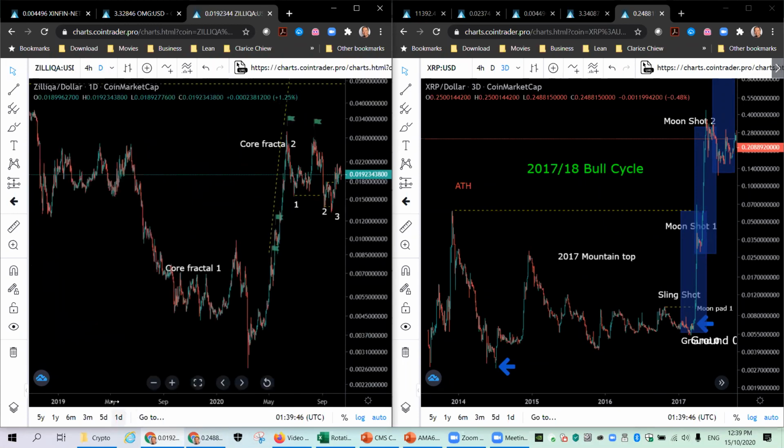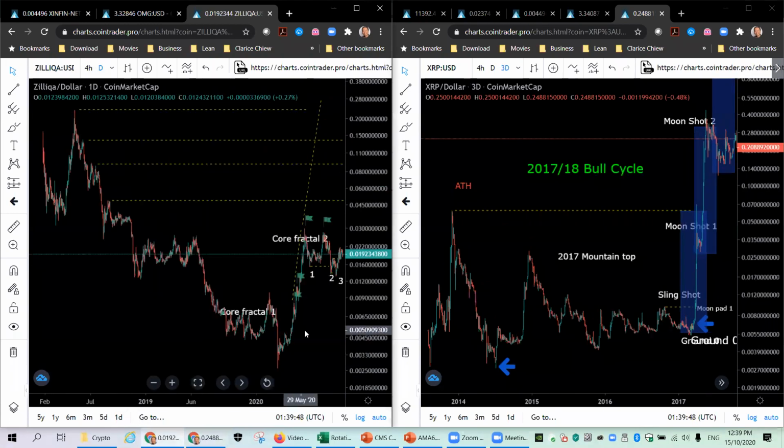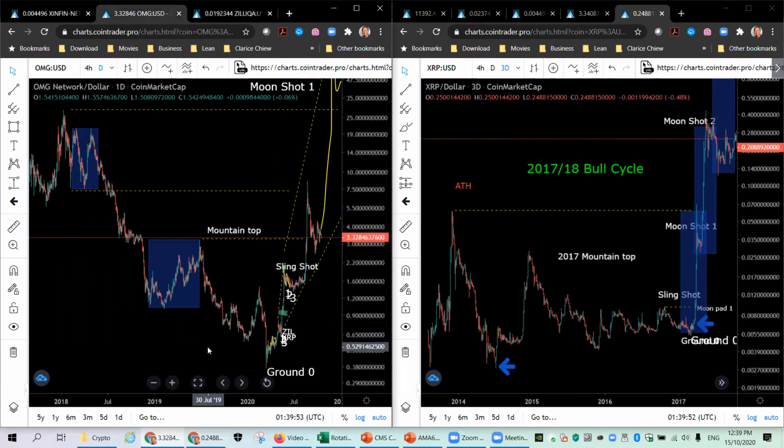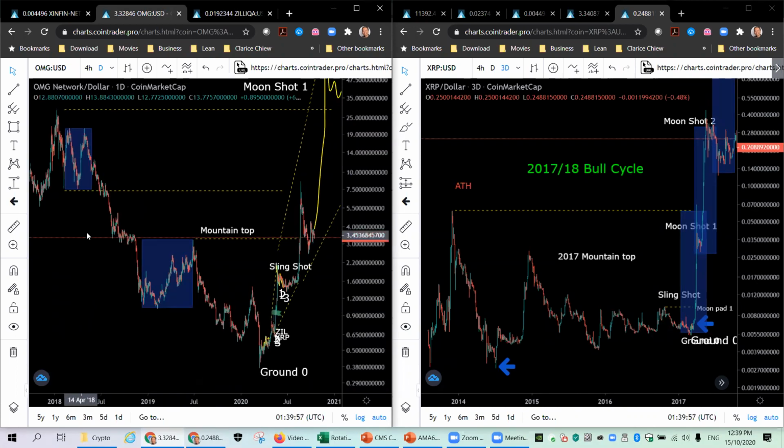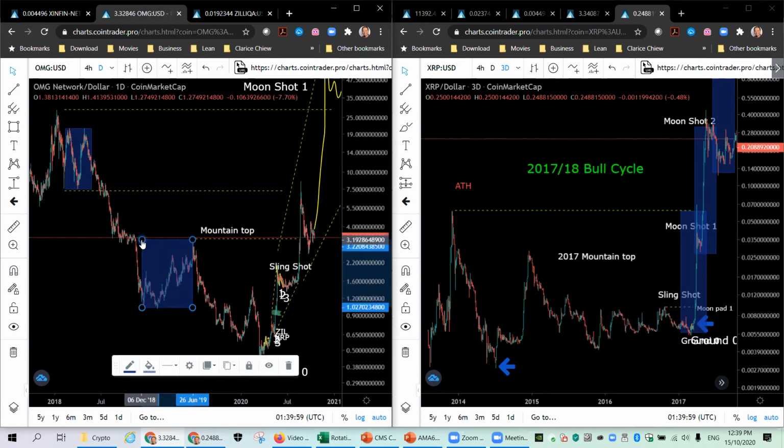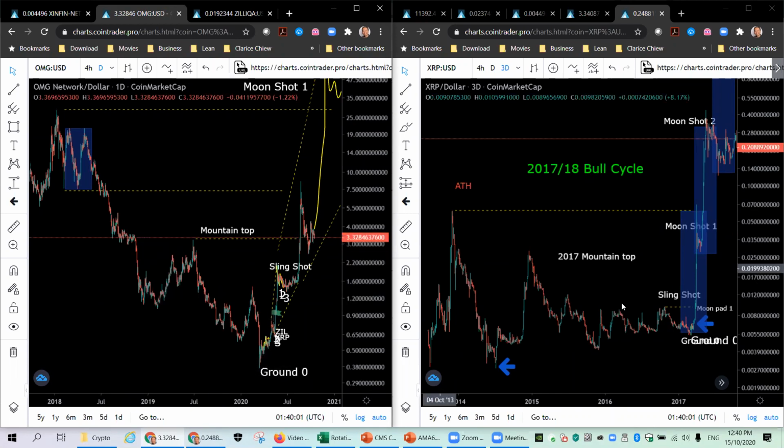Yeah. So OMG on the left. Sorry, OMG is not on the left. This is OMG. Okay. Yeah. So once it pushes up, this OMG will be really powerful once it pushes up. Where OMG now is, here's the slingshot.